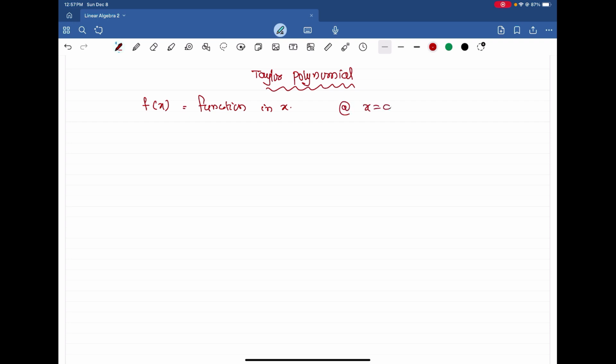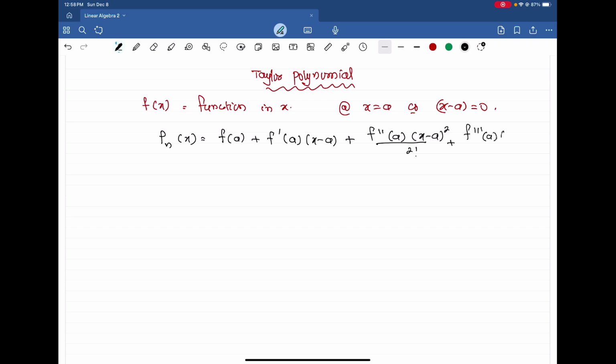At x is equal to a, or x minus a is equal to 0, the above function can be written in a polynomial form, P_n(x) is equal to f(a) plus, in a series form, f'(a) into (x minus a), plus f''(a) into (x minus a) whole squared by factorial 2, plus f'''(a) into (x minus a) whole cubed by factorial 3, plus so on.